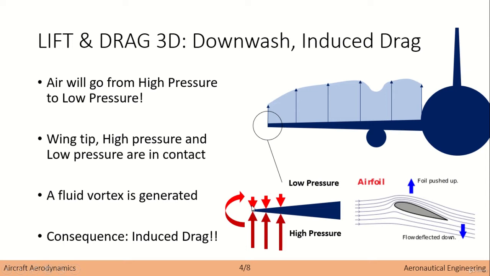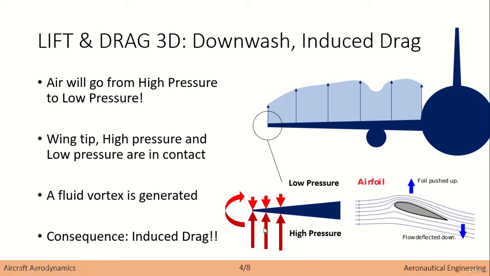And by definition, what we know is that air will go from high pressure to low pressure. This is just a fluid dynamics definition. High pressure has more internal energy, so the fluid will tend to go from high pressure to low pressure, because low pressure is simply low energy, and in thermodynamics everything goes from high pressure or high energy to low pressure.